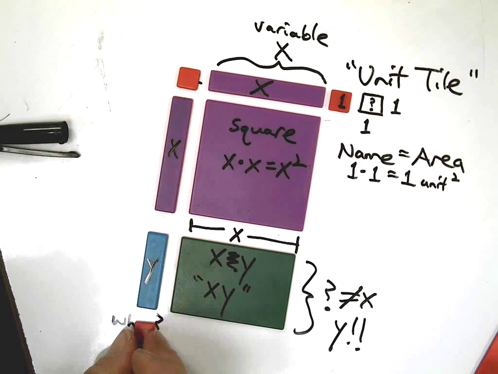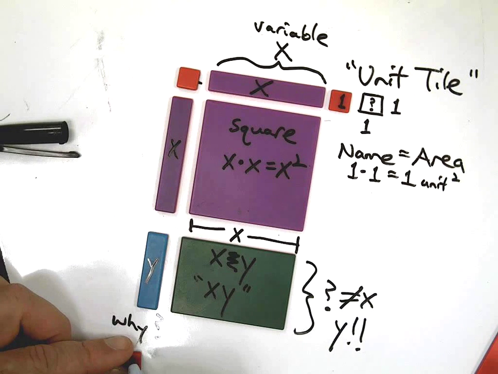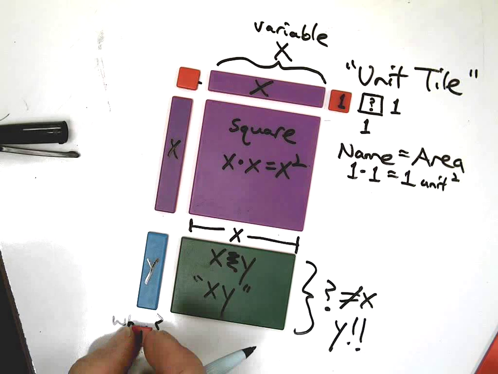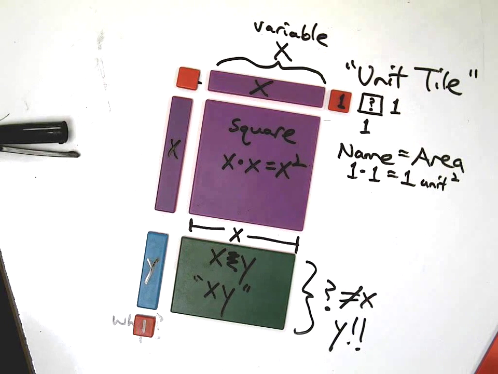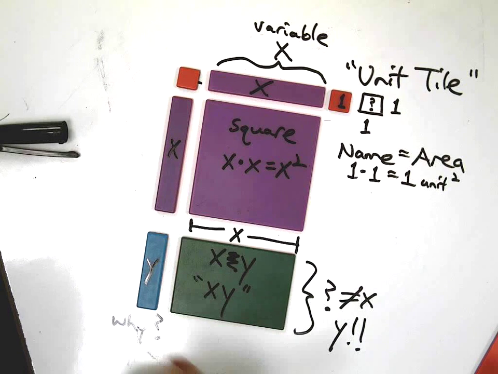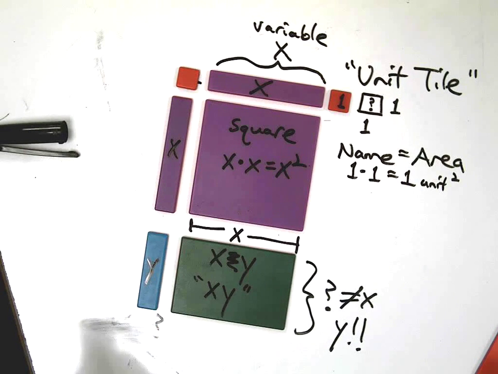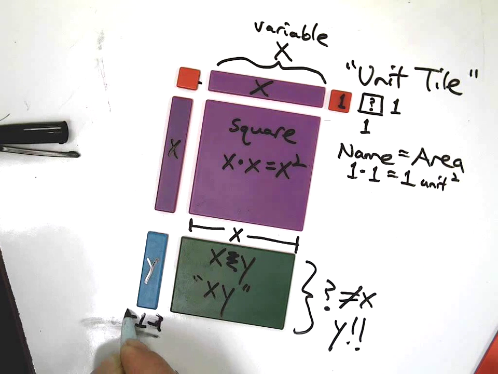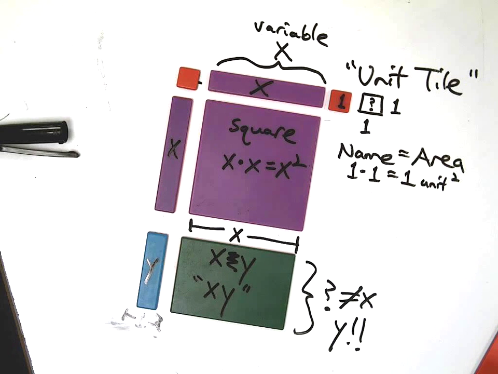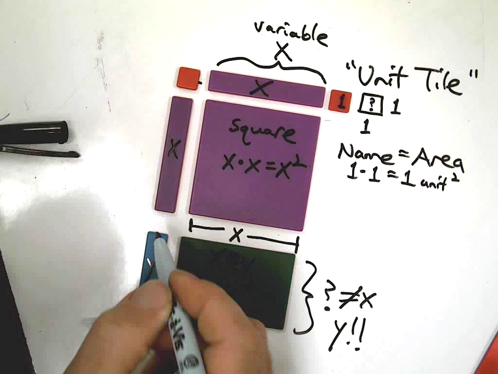Here's why. If we put a 1, once again, don't draw on these in class. This is just fun to do. There we go. If that's a 1, that side is 1. Oh, smudge. Sorry. I should use the dry erase marker.